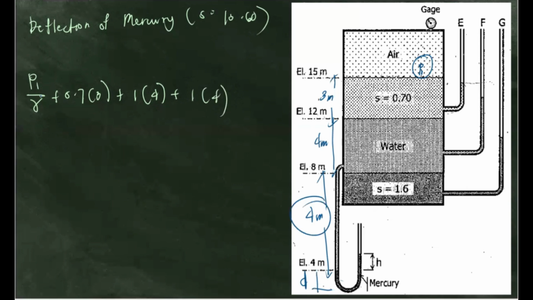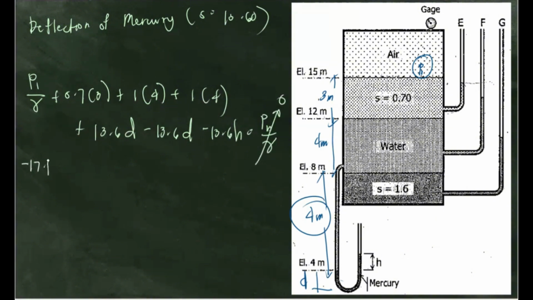Then, plus, ito, mercury, so 13.6D minus 13.6D aangat. Then, minus 13.6H is equal to P sub H over gamma. Oh, dahil exposed sa atmosphere, 0 din. So, this is negative 17.1 over 9.81, plus 2.1. Tapos pagsamahin ko itong dalawang tubig, plus 8.